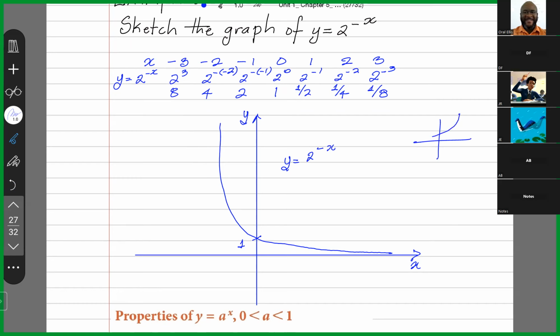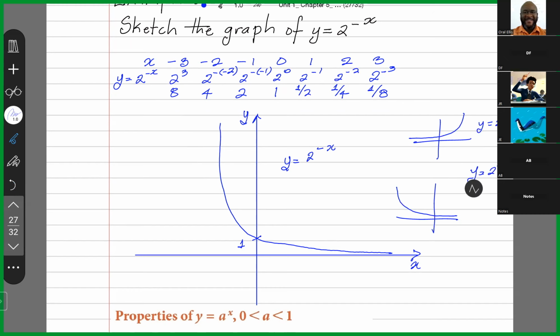So y is equal to 2 to the positive x is like this. Yeah, it will be something like this. And so this would be y is equal to 2 to the positive x, and y is equal to 2 to the minus x would basically come from the other direction.